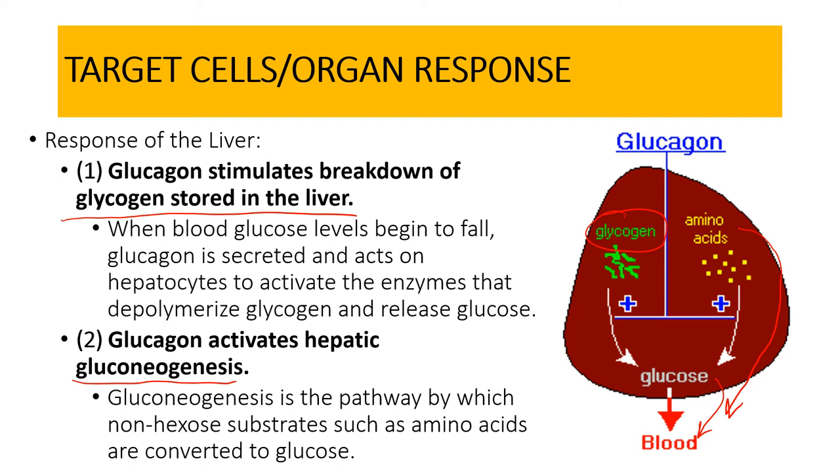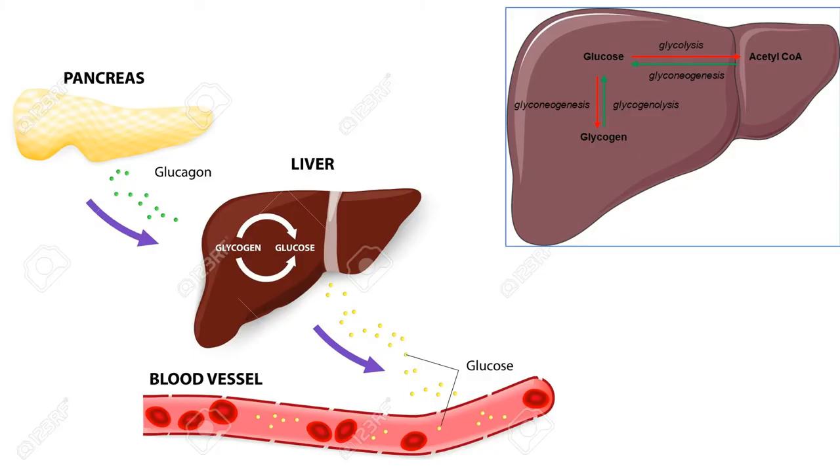So we're going to take the amino acids, turn them into glucose, and put that in the bloodstream. And this is just showing you that when you take glycogen and turn it into glucose, that process is called glycogenolysis. So we're literally splitting the glycogen molecule.